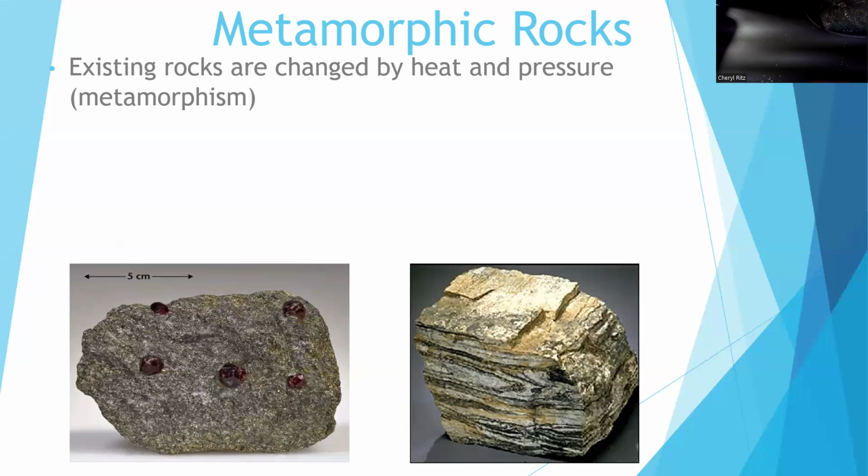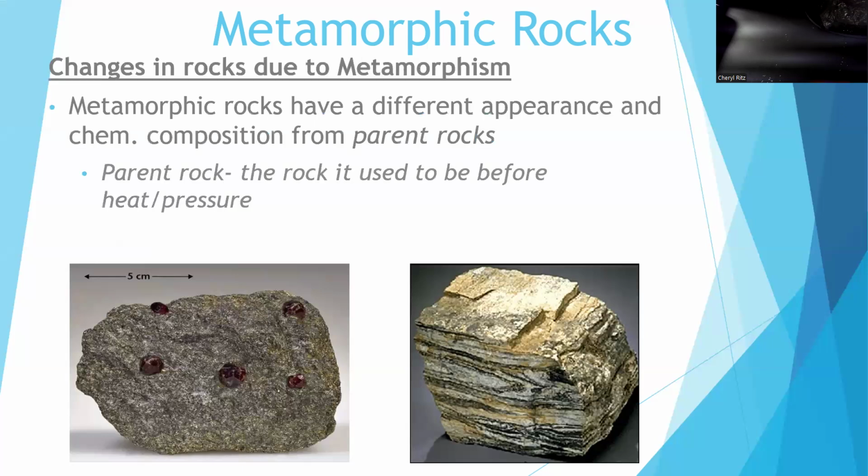All right, so what changes take place for that second set down, changes in rock due to metamorphism? Metamorphic rocks have a different appearance and chemical composition from their parent rock. By the way, we should probably define a parent rock. It's the rock it used to be before heat and pressure. So we're right here where it says changes in rocks due to metamorphism.